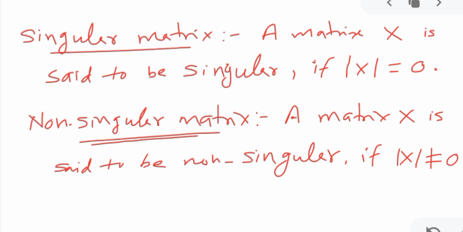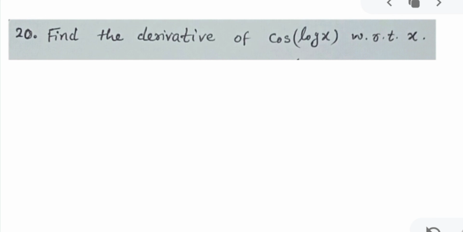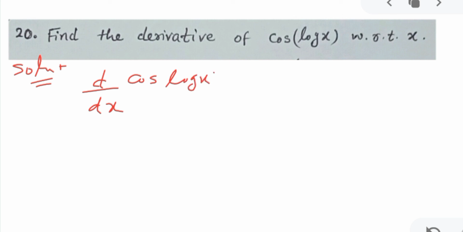Now we'll move to our next question, that is the 20th. In this question, we have to find the derivative of cos of log x with respect to x. So we have to find d upon dx of the function, which is given as cos of log x.